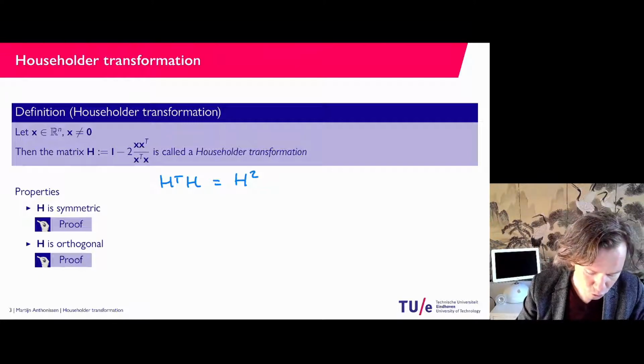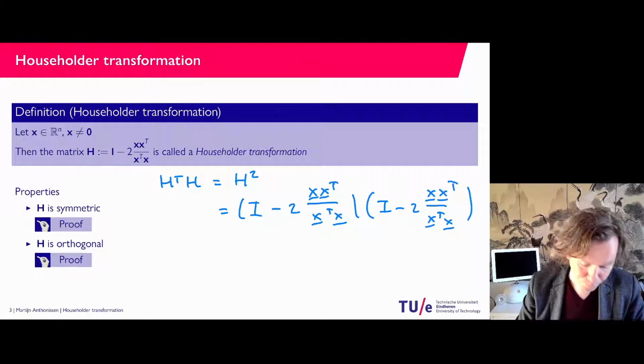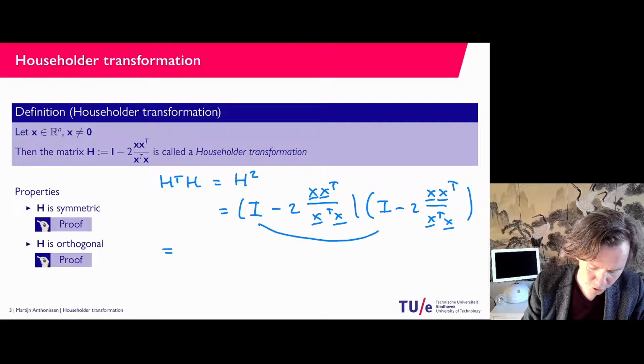So let's see how this works. I am just going to do identity minus 2 x x transpose over x transpose x, times the same thing. So let's multiply. Identity times identity gives me the identity matrix.